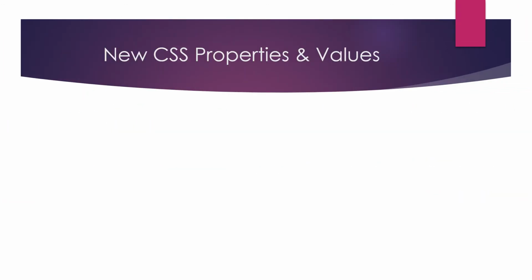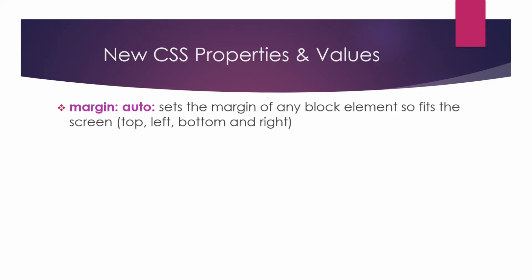New CSS properties and values. Margin Auto sets the margin of any block element so it fits the screen, top, left, bottom, and right. Width, you're going to use the EM. It sets the width of a block element.